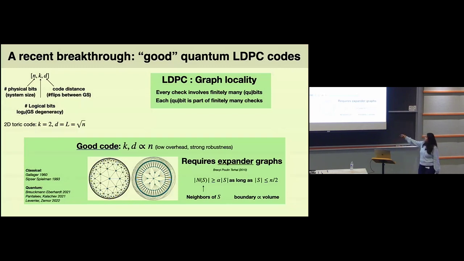Okay, so this is not true in any finite dimensions, where we know that boundaries scale parametrically weaker than volumes. Okay, so these LDPC codes are local on these types of graphs. And while classical examples of these LDPC codes have been around for many decades, these good quantum LDPC codes are a relatively recent development, okay?